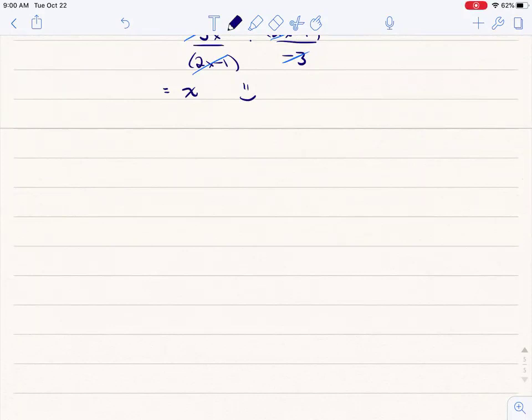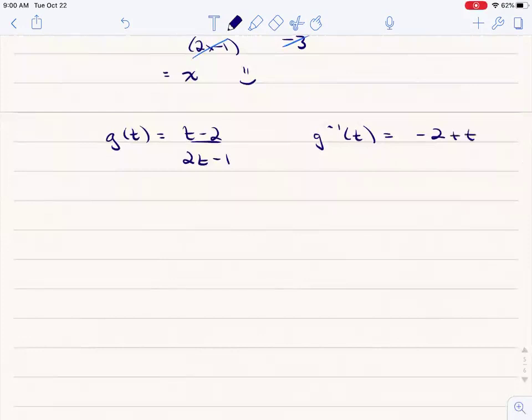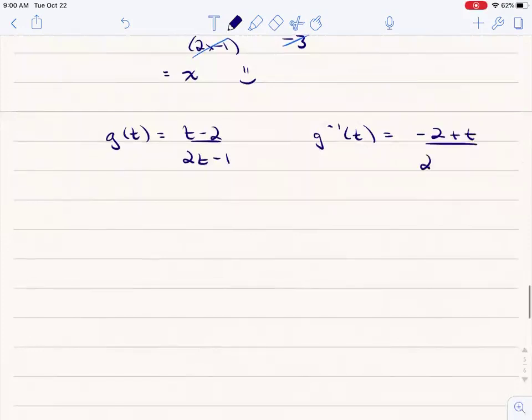So g of t was t minus 2 over 2t minus 1, and g inverse of t, as you guys pointed out, is just t minus 2 over 2t minus 1.